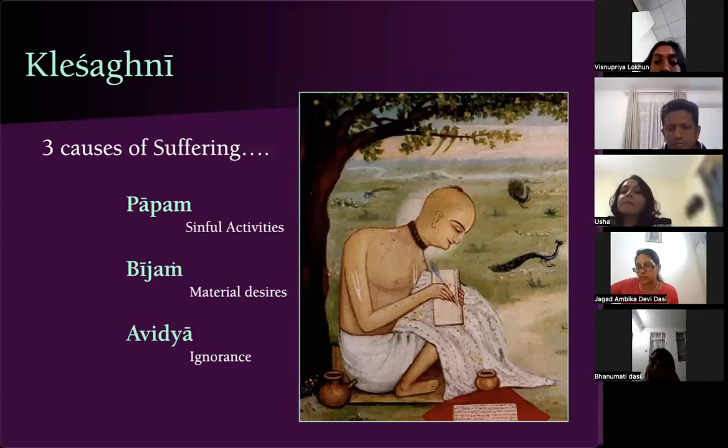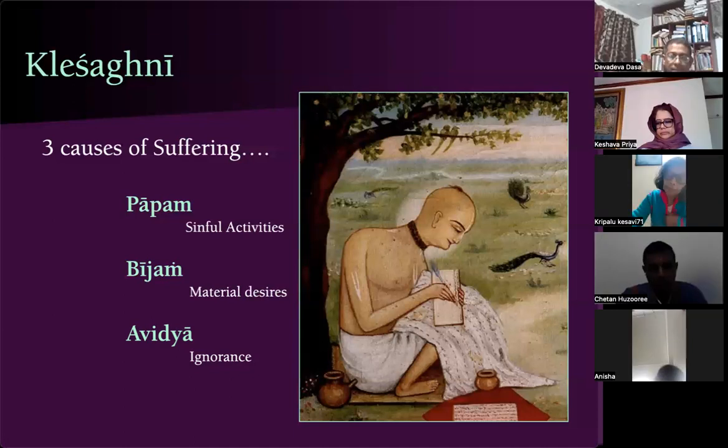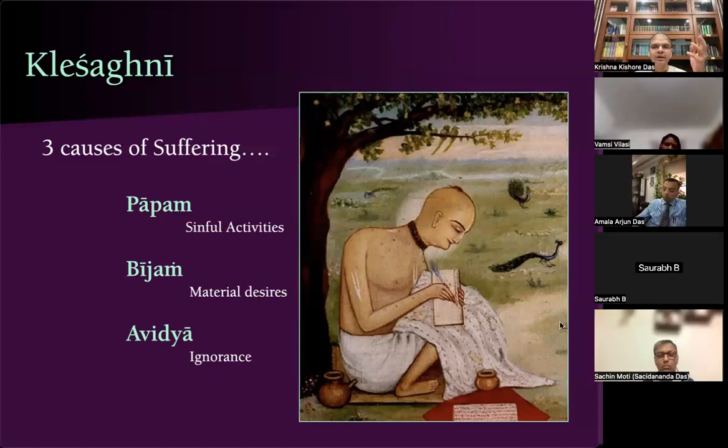The root cause of all material activities is avidya, ignorance, misidentification. When we forget Krishna, when we think that we are this body, this material world is our home, we are enjoyers, we are controllers, that avidya leads to material desires.